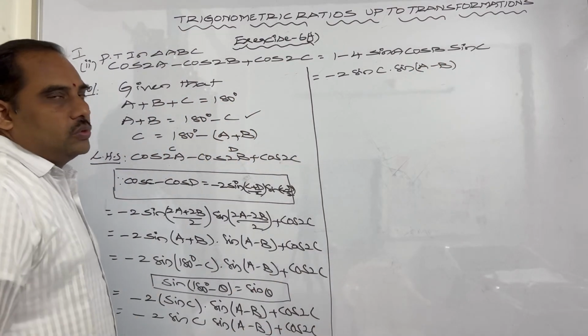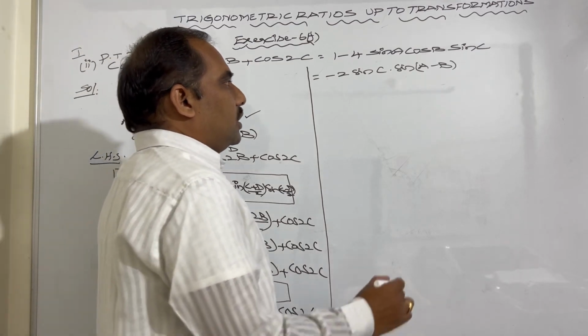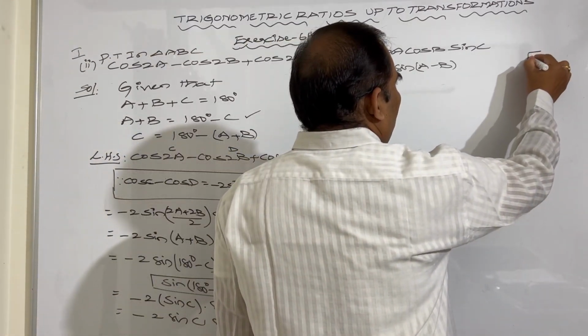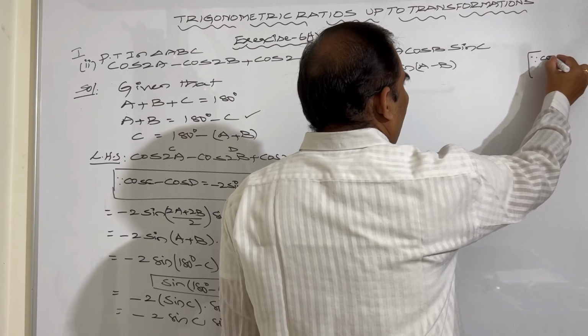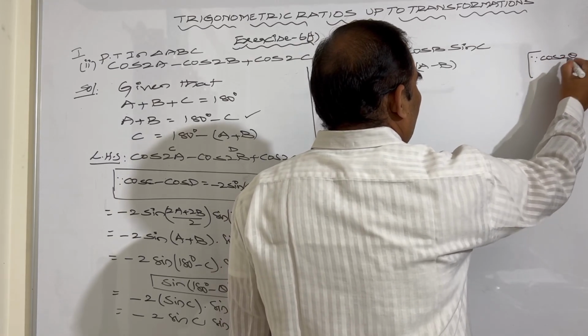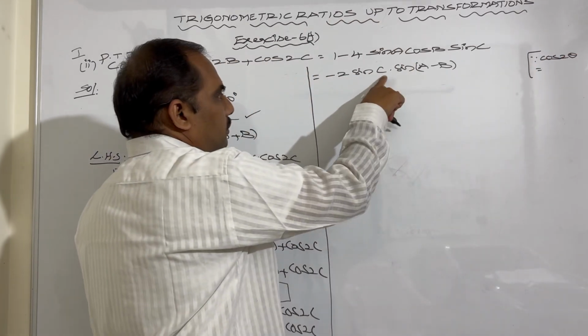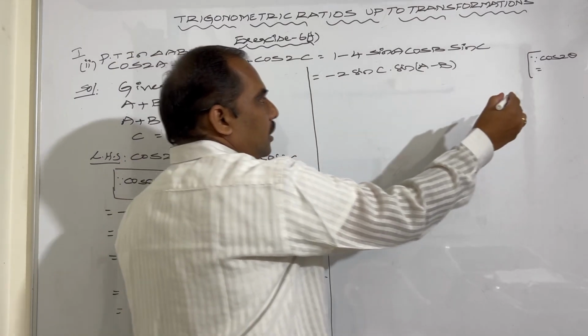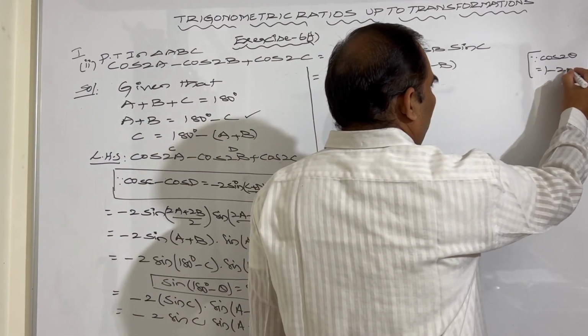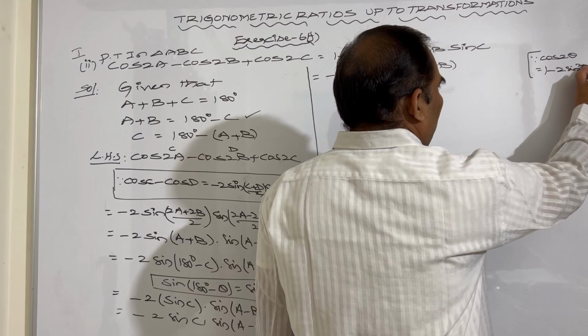Now, the first term is written as it is, that is minus 2 sin C into sin of (A minus B), and here cos 2C is like cos 2 theta. We have cos 2 theta in terms of sin as 1 minus 2 sin square theta.